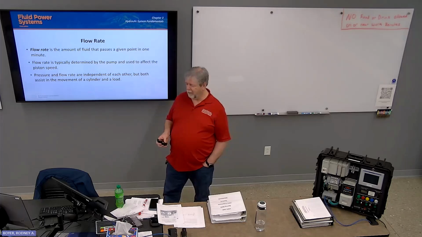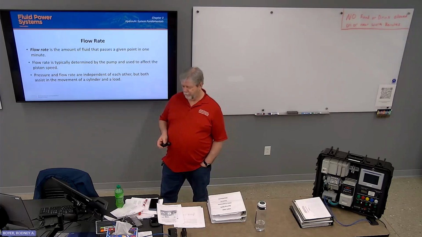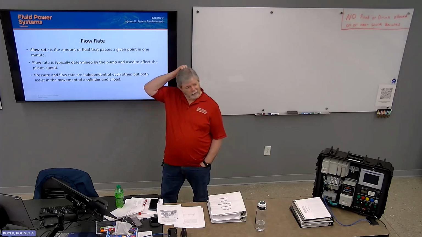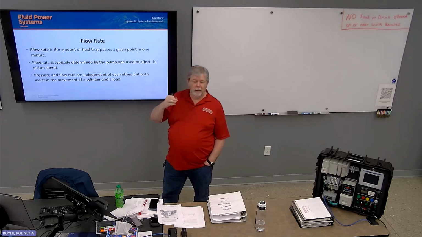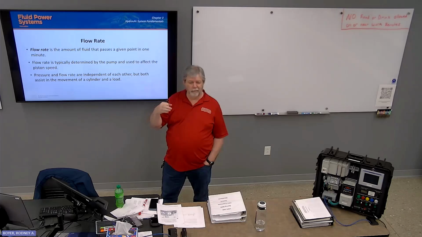Flow rate is typically determined by the pump and used to affect the piston speed. You ever heard the term meter out? If you want to control the rate of a piston and you meter the fluid going into it, changes in resistance on the load side of it can affect the flow rate anyway.